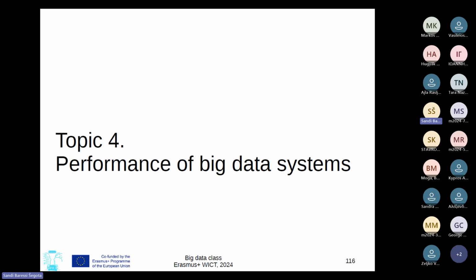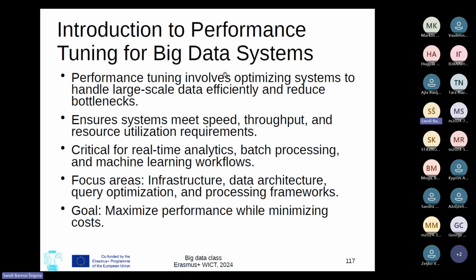Okay, so I talked a bit about performance and stuff like that. We're going to focus a bit more on the actual performance of big data systems here. Again, we don't want to go crazy in depth. This isn't that sort of class where we really go into programming and complexity and so on. This is more like an overall introduction, so we're just going to discuss it on a certain high level.